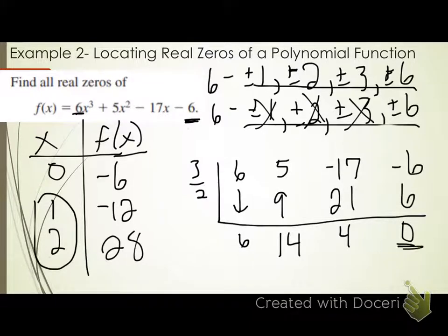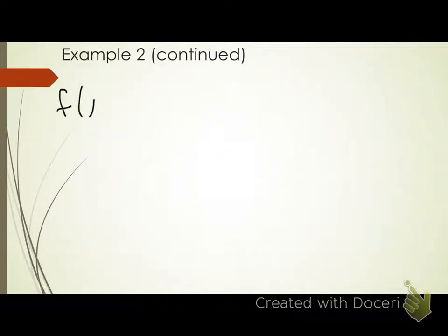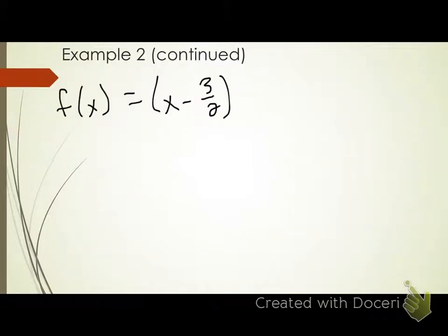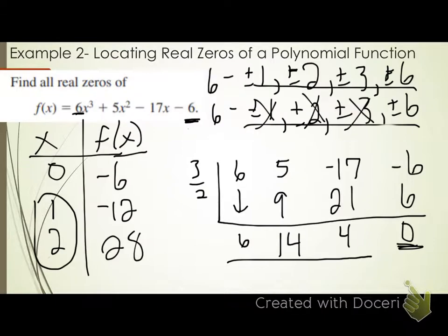Since I got a remainder of 0, I know that 3/2 is a factor, or a 0, of my polynomial function. So let's factor it out real quick. If it's positive 3/2, it's going to be x minus 3/2. And then we use these as our coefficients for our polynomial function in this set of parentheses.